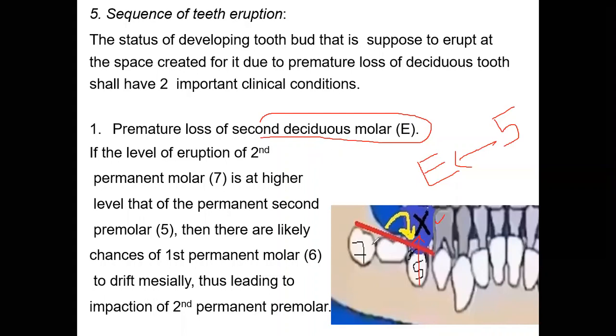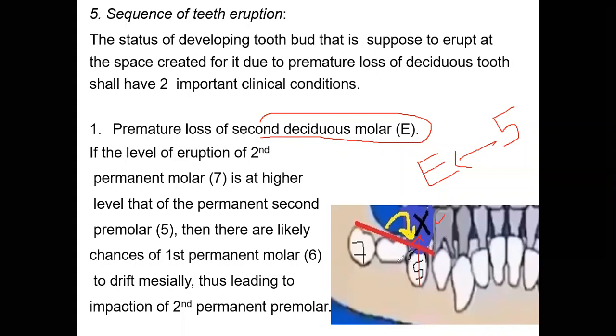So I need to give a space maintainer over here in order to prevent the loss of space. Due to the premature loss of E, the permanent molar 7 may drift. Now first of all, we need to see whether we need to give a space maintainer over here or whether we shall avoid a space maintainer.